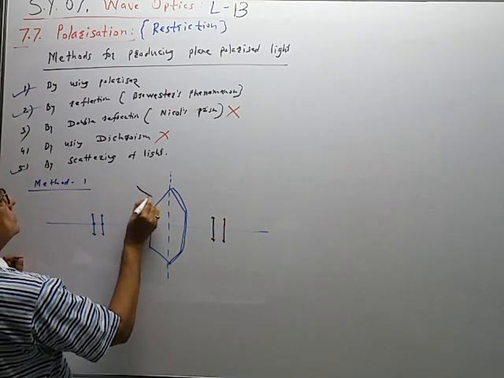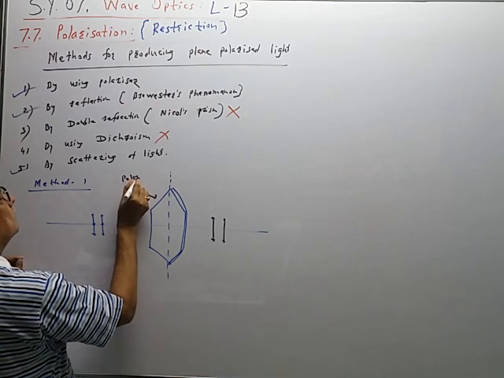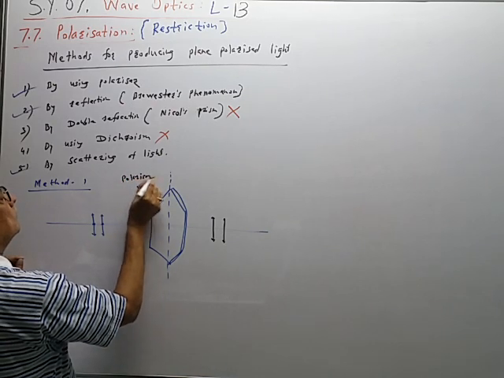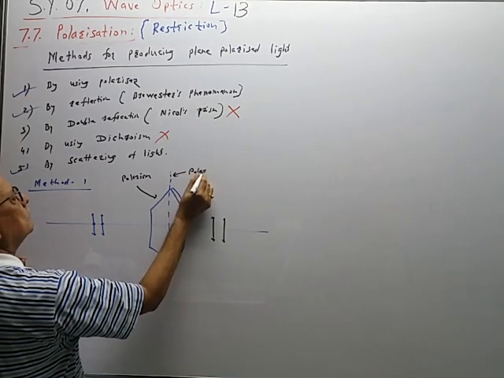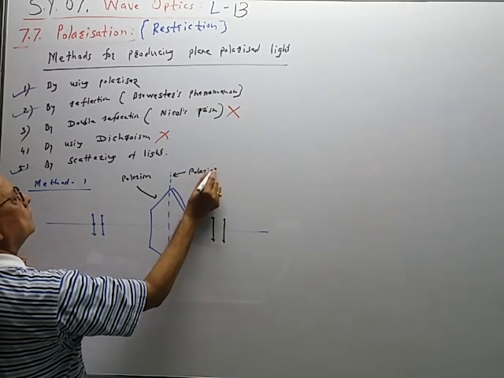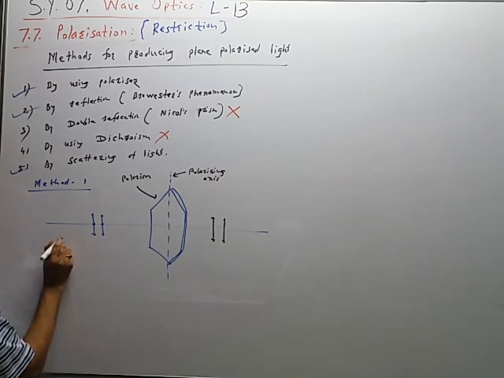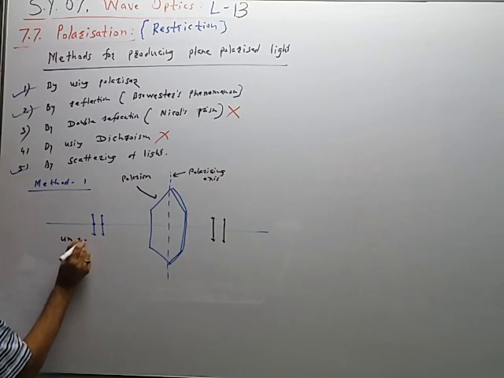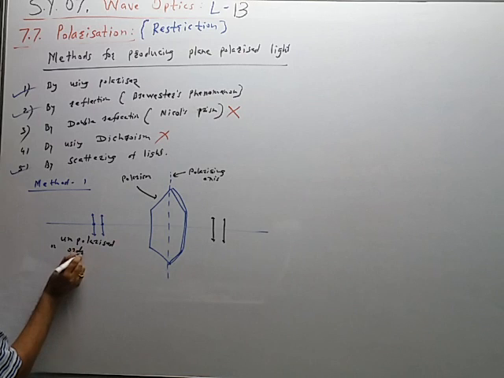So this is the polarizer. Polarizing axis. Unpolarized or ordinary light.